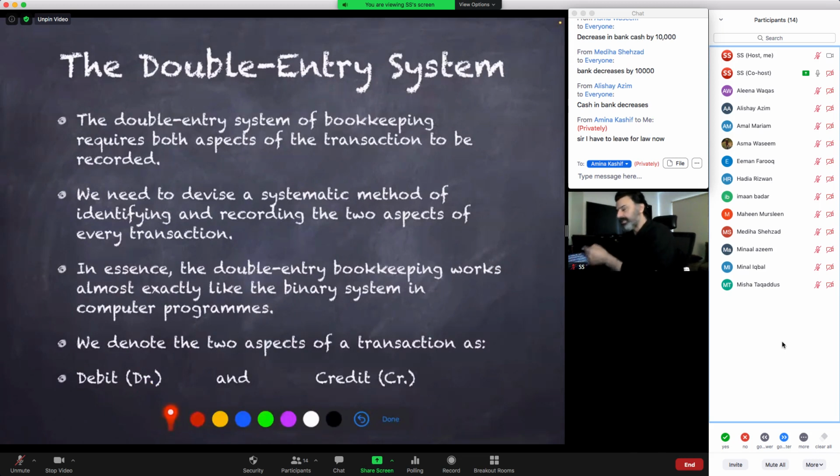So the double entry system is essentially almost exactly like the binary language that we use in machine learning and machine coding, zeros and ones, right? Now we will learn to record the effects of these transactions in the form of debits and credits. So what do we truly mean by debit and credit?